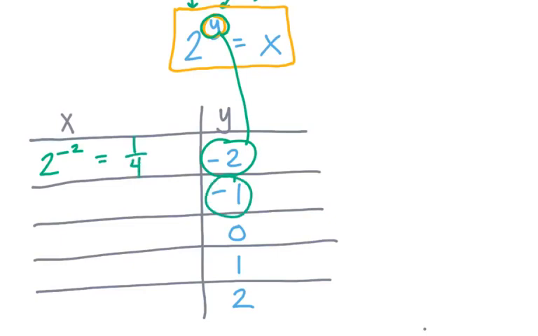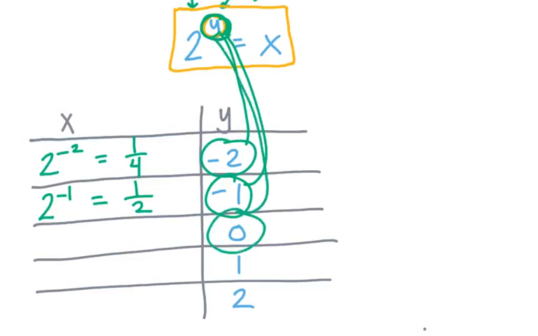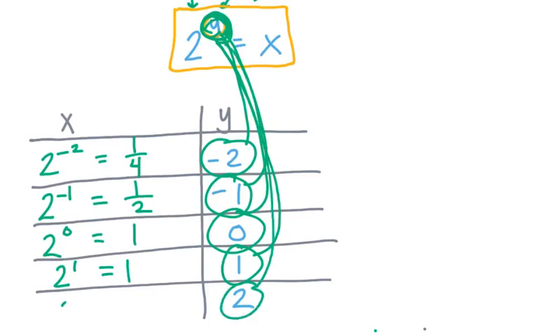If I plug in negative 1 as the power on 2, 2 to the power of negative 1 is the same as 1 over 2 to the first, so just 1/2. 2 to the power of 0, well, anything to the power of 0 is actually just 1. And then these last ones become a little bit more straightforward with the positive powers. 2 to the power of 1 is 2, and 2 squared is 4.